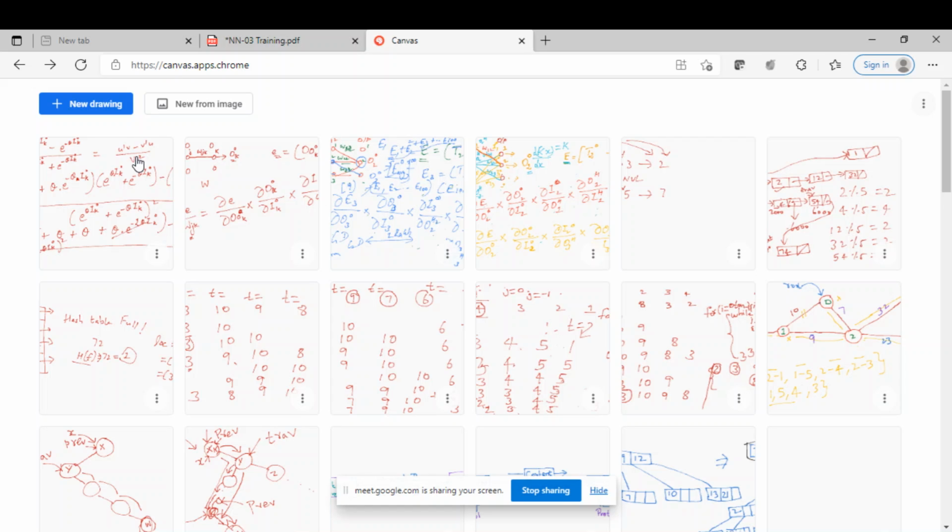Input depends on what? Is it only weight?